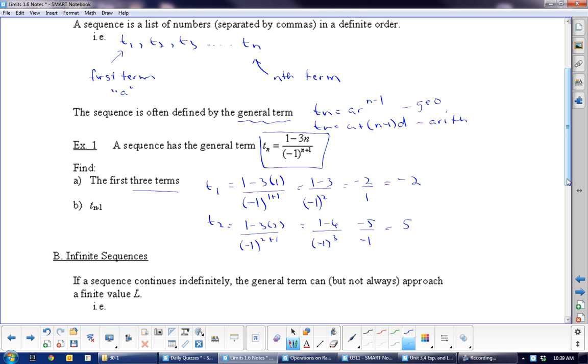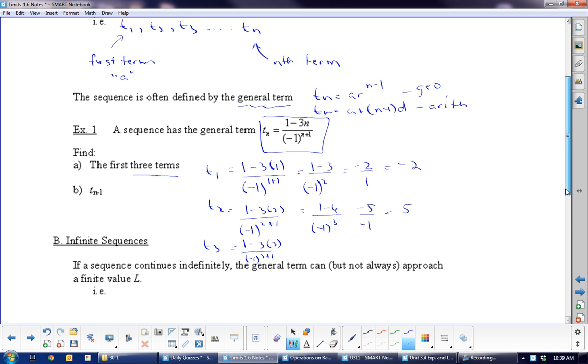Okay, and then T3, kind of short on room here, equals 1 minus 3 times 3 all over negative 1 to the 3 plus 1.